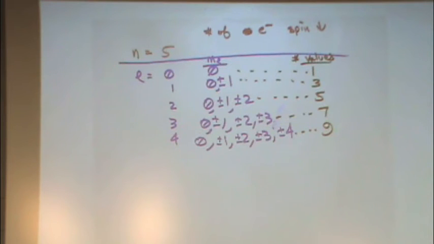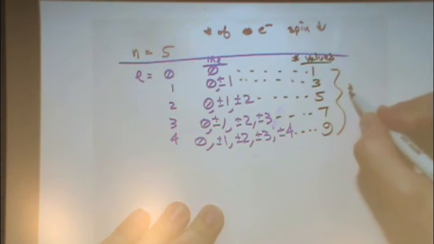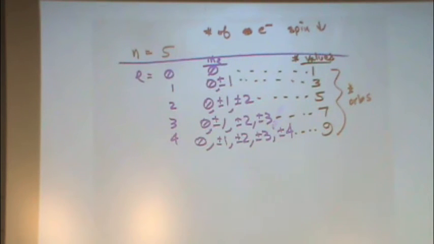Okay, the number of values represents what? The number of orbitals. Yeah. So the number of values, if you didn't know that, represents the number of orbitals. Okay? How many electrons go in each orbital? 2 maximum per orbital. So if there's 2 maximum, how many spin down per orbital? 1.